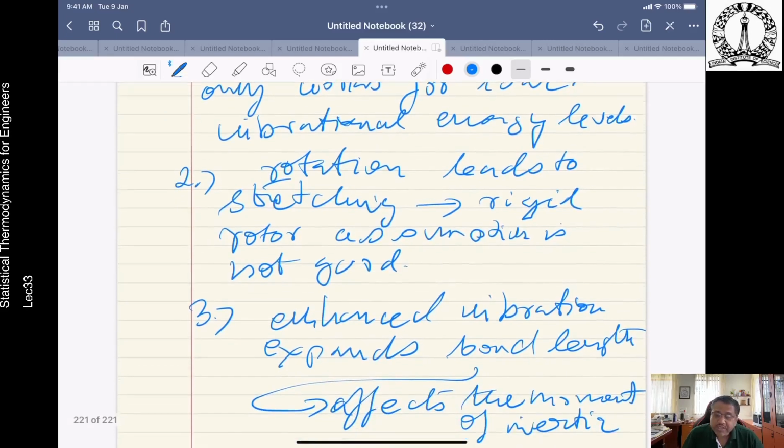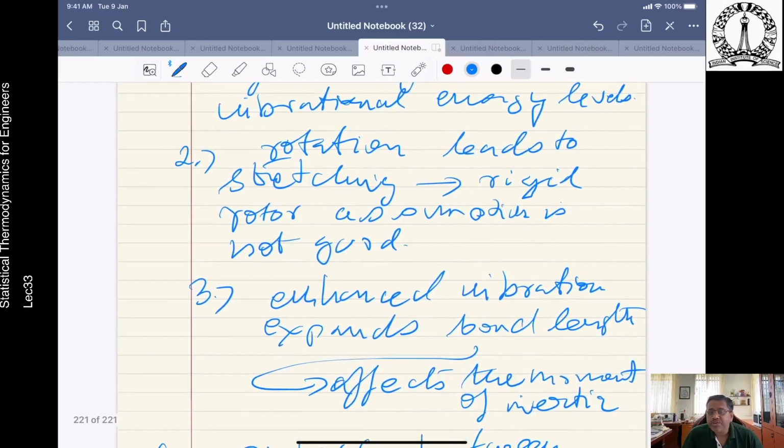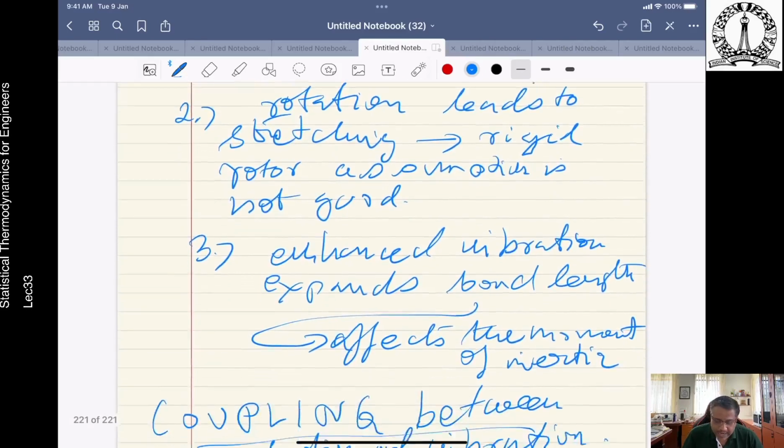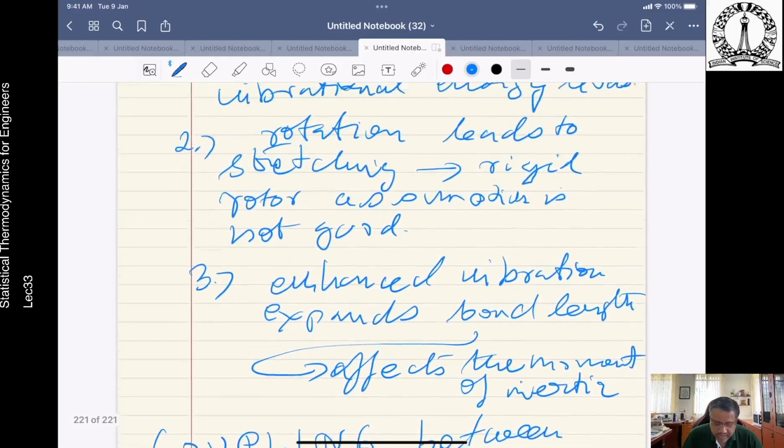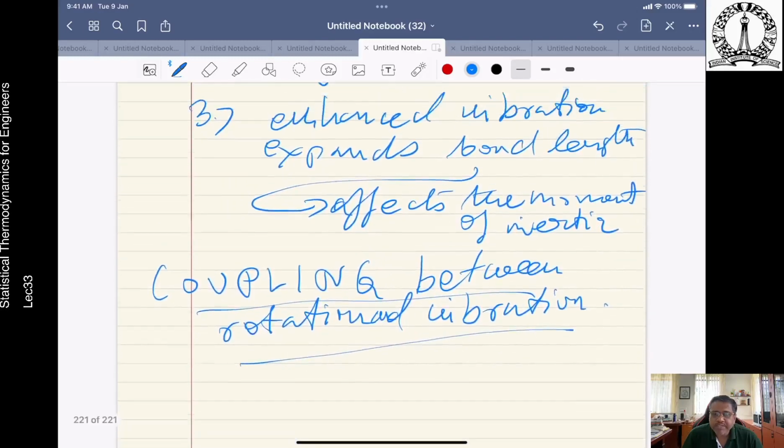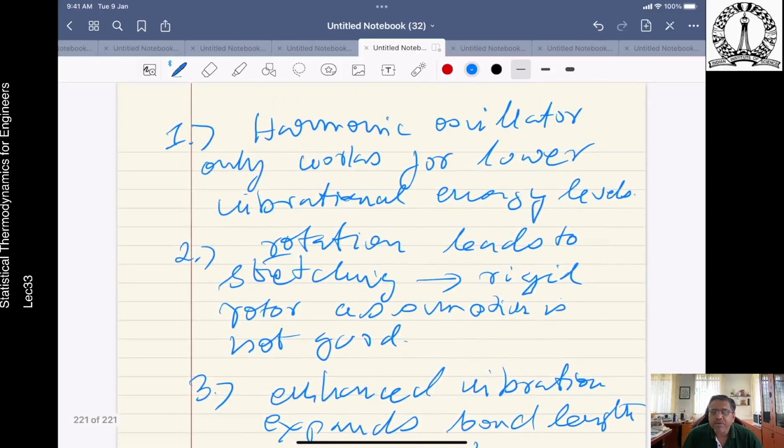The rotation leads to stretching, so the rigid rotor assumption is not good. And enhanced vibration also expands the bond length, and it affects the moment of inertia. Therefore, there is a coupling between the rotational and the vibrational energy modes. As a result, we need a more complex model to describe the rovibrational transitions, which we are going to do in this particular lecture.